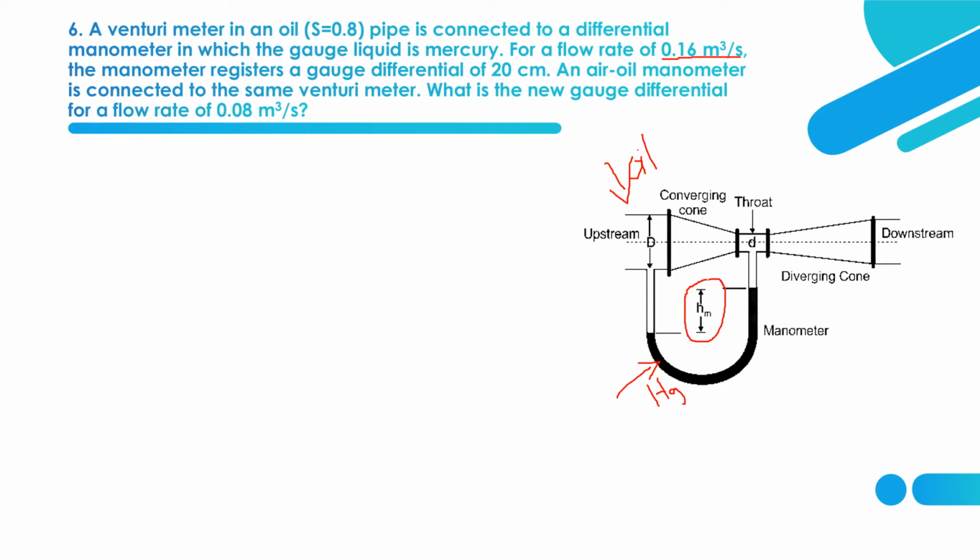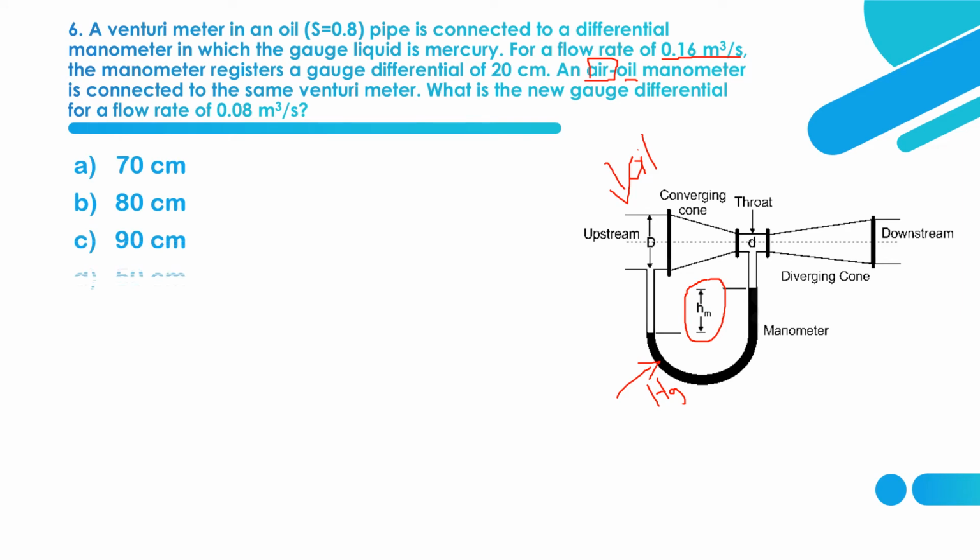So this is the first scenario. An air oil manometer is connected to the same Venturimeter. So here the flowing fluid is oil, but the manometric fluid becomes air. Then what is the new gauge differential for a flow rate of 0.08 meter cube per second for the air oil manometer?